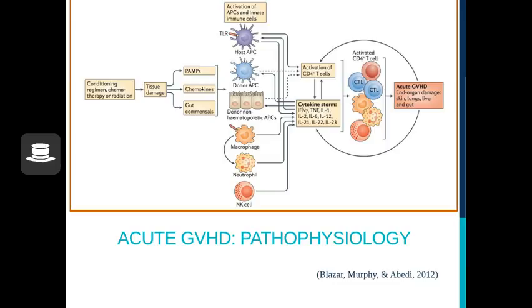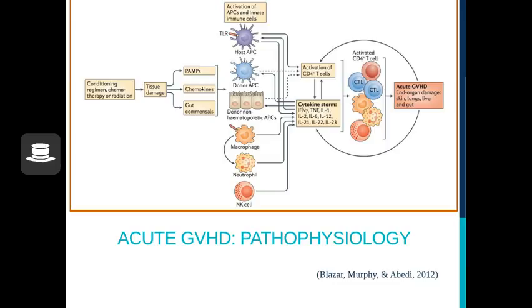According to Blazer, Murphy, and Abedi, current data implicate the innate immune response as being responsible for initiating or amplifying acute GVHD. Molecules such as bacterial lipopolysaccharide that are released from the injured gut during the conditioning regimen activate innate immune receptors, including toll-like receptors, and cause a cytokine storm.